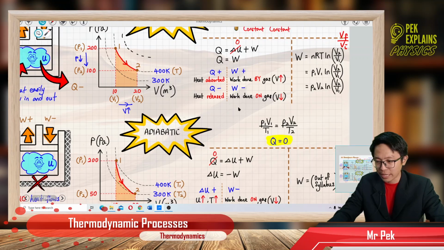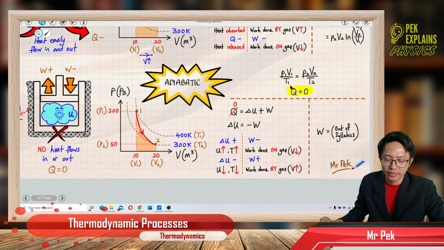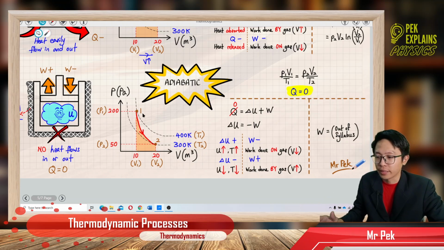Just look at the graph. We have P1, V1, T1, and P2, V2, T2. Pressure changes, volume changes, temperature changes. Is it true? Look at point 1 and point 2.